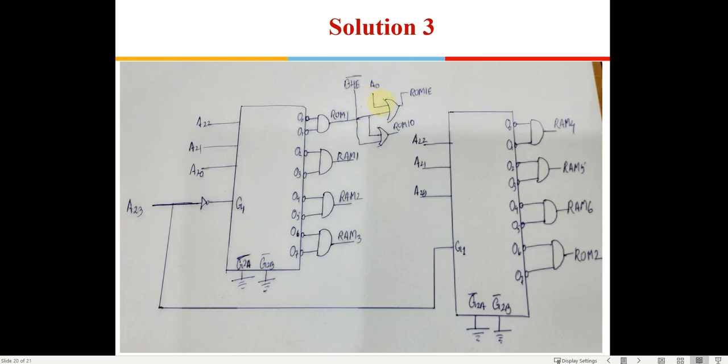Similarly, when A0 is 1 and BHE bar is low, then this will be selected. So this combination selects within ROM 1, which we said is a set of even and odd banks. This generates the signals for the even and the odd, and this will be available for each of these outputs, BHE and A0.